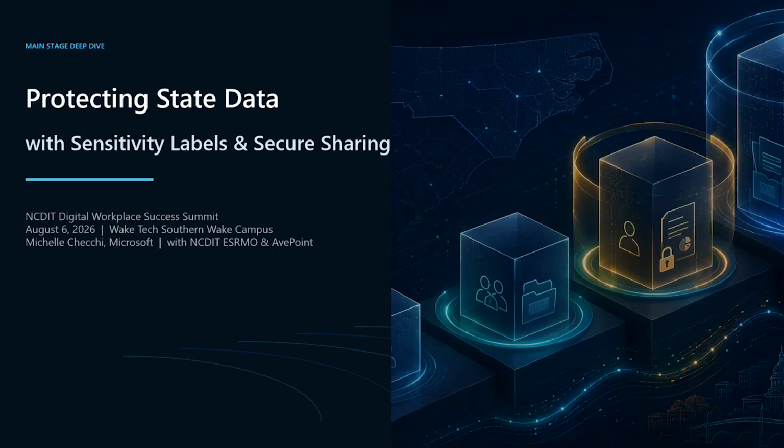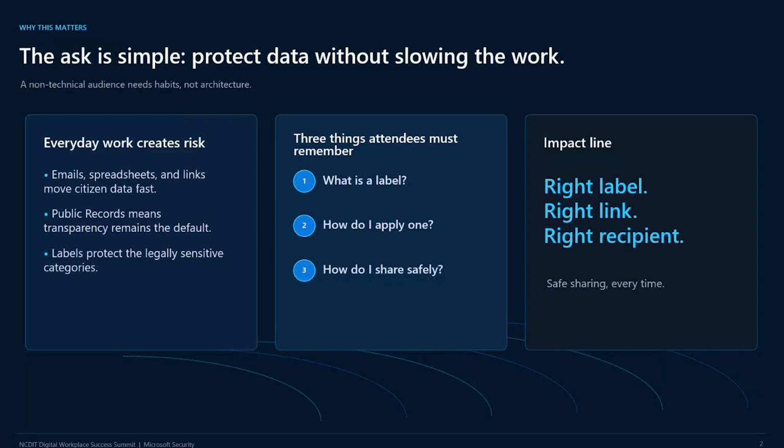The big thing that I want to make sure that you all know is that these labels are here to help protect your data. State work has to move very quickly, as I'm sure you all know. But the everyday tools you're using, whether it's email, a spreadsheet, or sharing links, can move sensitive citizen data really quickly. So we're not asking everyone to become a security architect.